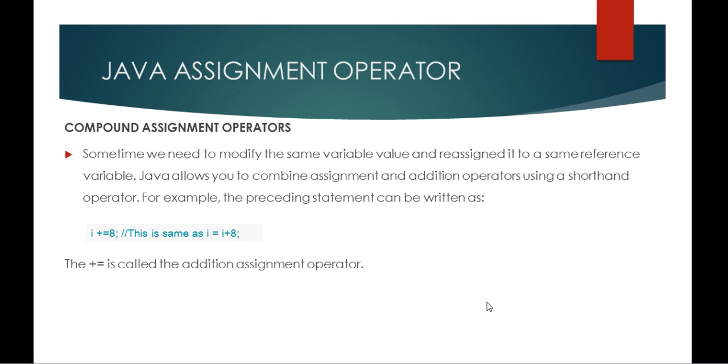For example, the preceding statement can be written as i += 8, which is the same as i = i + 8. Halimbawa, the value of i is 2. So, 2 plus 8 is equal to 10. So, the += is called the addition assignment operator.